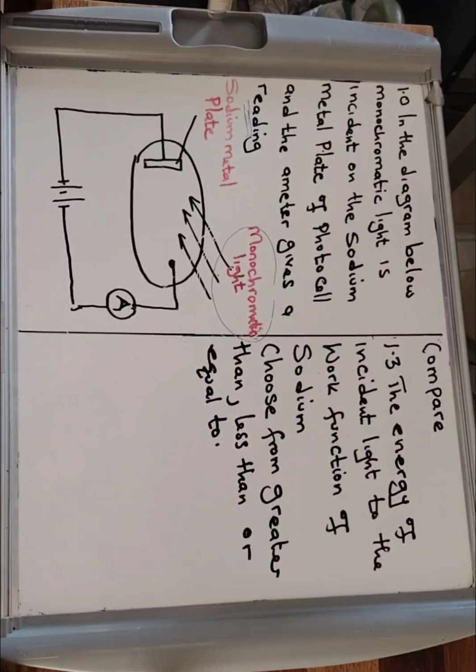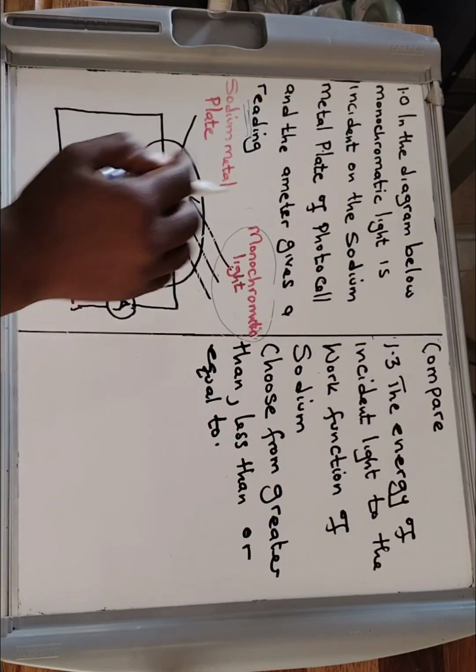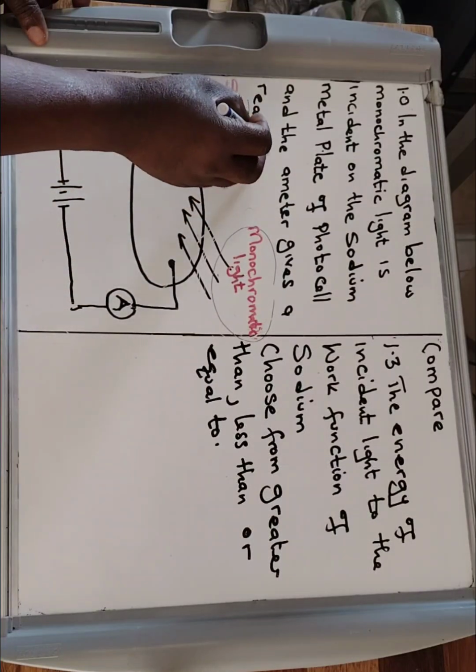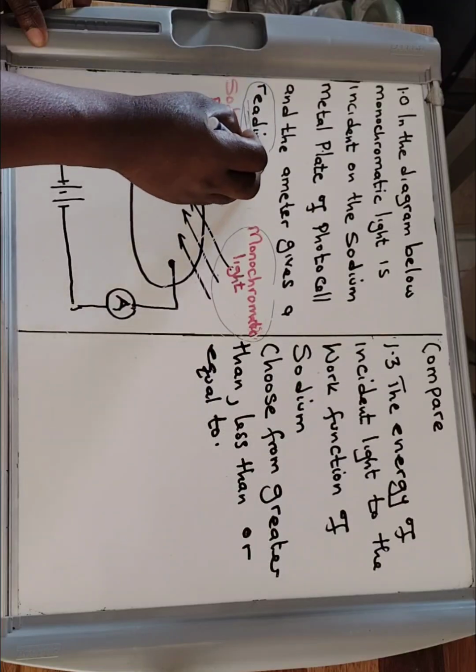Then comes another question here. The question says, compare the energy of incident light to the work function of sodium. Okay, to answer this question, what do you need to know? You need to know one important aspect from the statement: the ammeter giving a reading.